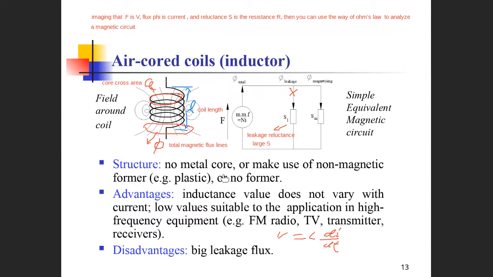Anyway, from this slide, you should learn how to draw a magnetic circuit for a given coil. Imagine the magnetic force like the voltage, the reluctance like the resistance, the flux phi like the current. Then you can use Kirchhoff's voltage law, Kirchhoff's current law, and Ohm's law that we used for the electric circuit to analyze the magnetic circuit.